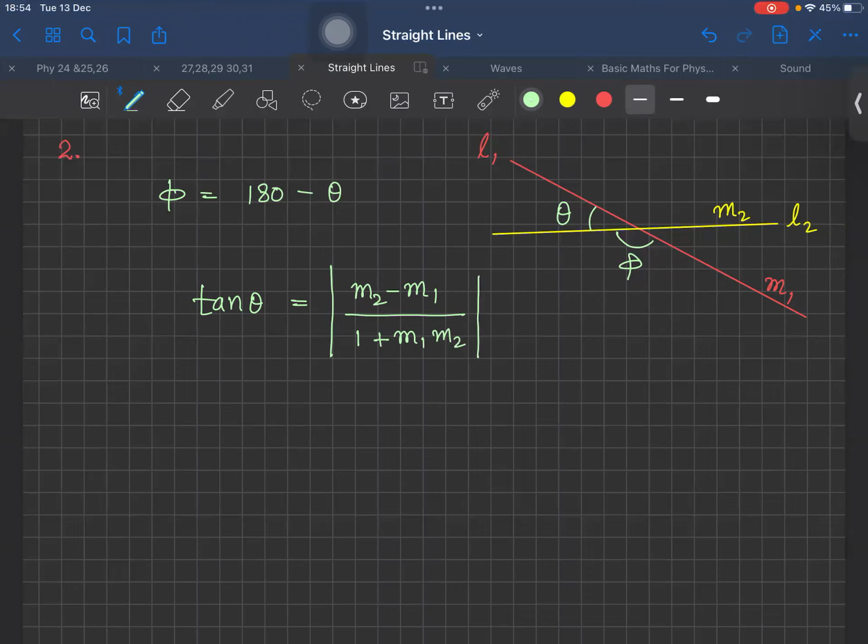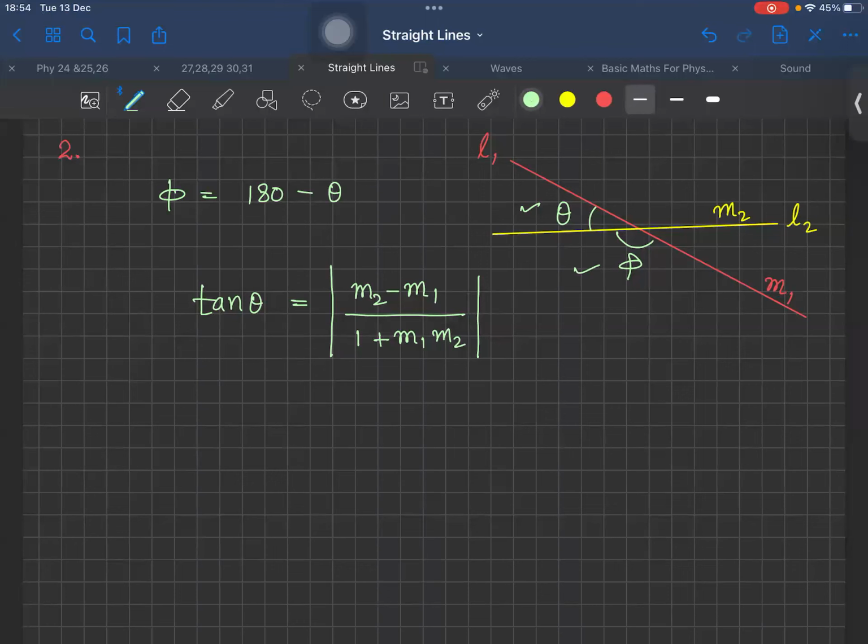Now why modulus? Because otherwise it can give two values, one value will be this and one value will be this. Or you can find theta from here and subtract it from 180 degrees to find phi.